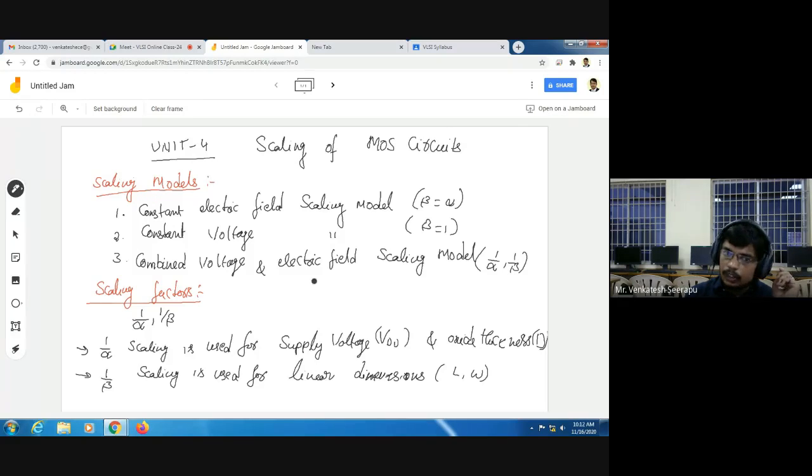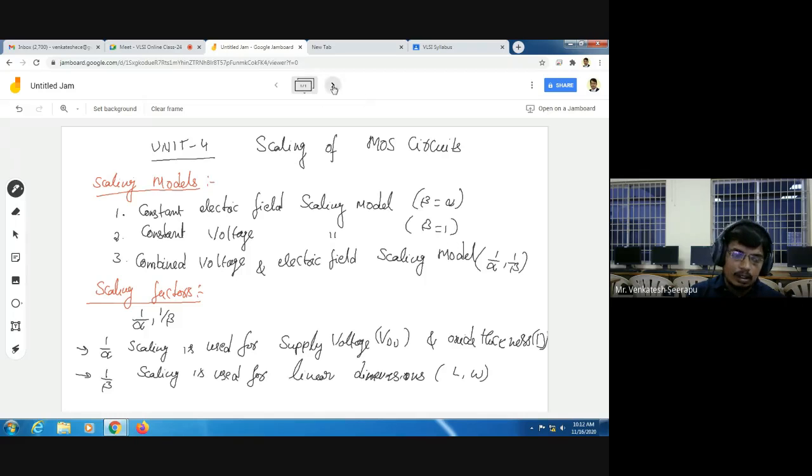For combined voltage and electric field scaling, we use both 1 by alpha and 1 by beta. For constant electric field scaling, beta equals alpha. Similarly, for constant voltage scaling, beta equals 1.